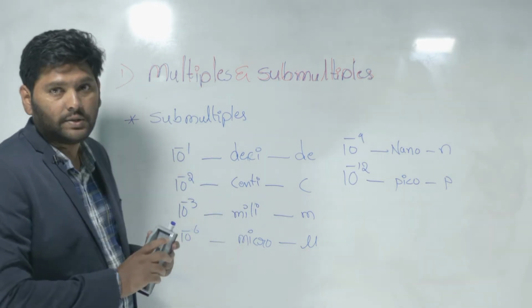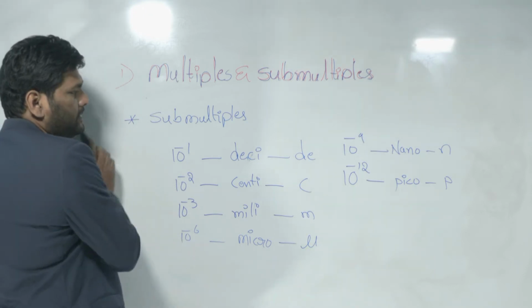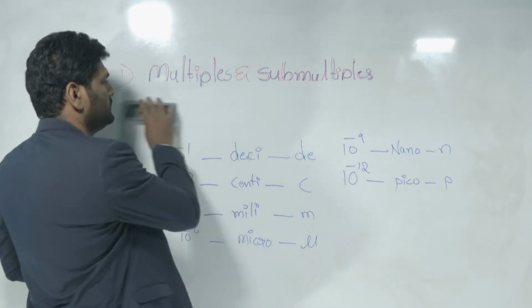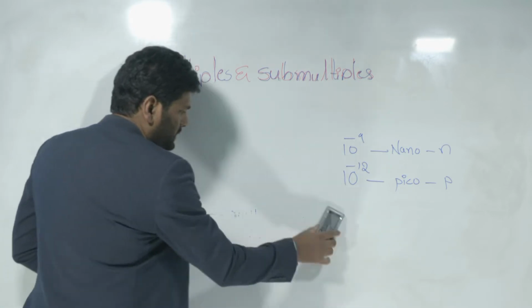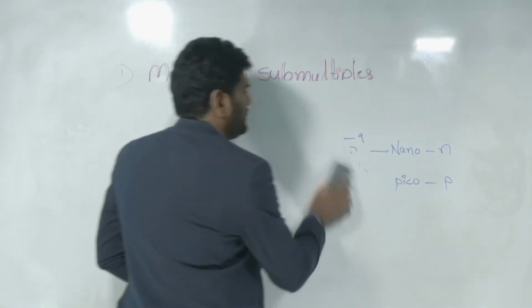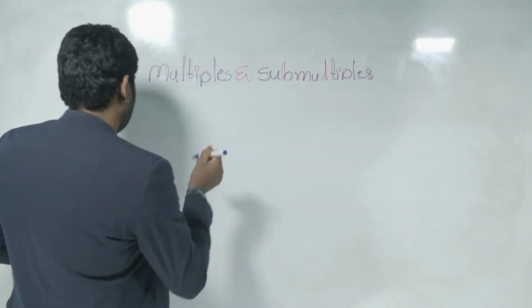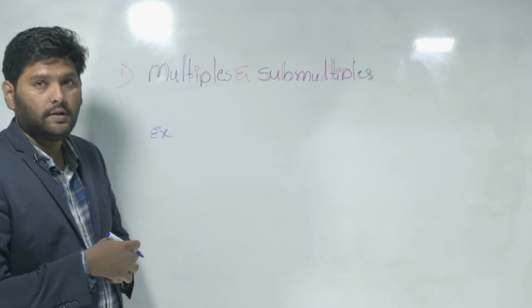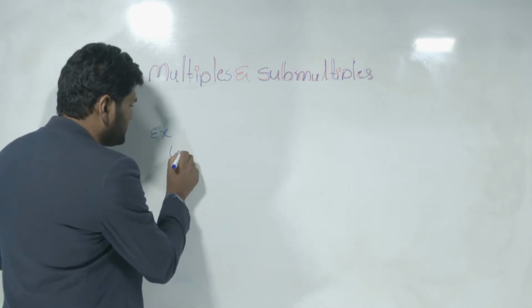So the examples. The first example for submultiples: I will take mass or length.